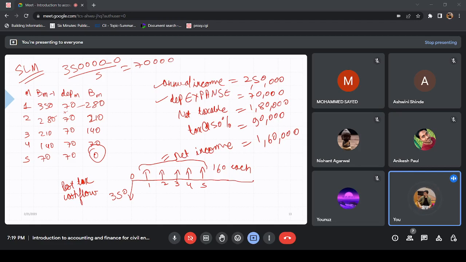Yeah, I mean, how we have got cash flow. So how do you determine the rate of return? Anybody?